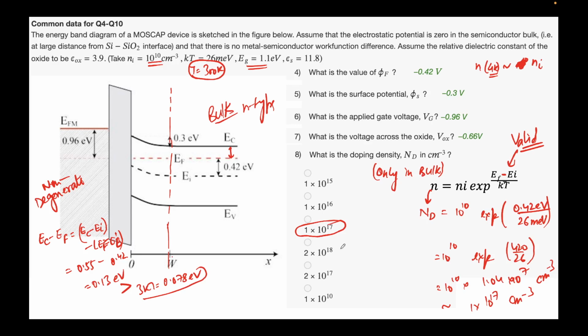Let's mark some temperatures: 100, 200, 300, and somewhere over here let's say 700. Below 100 or 50 Kelvin the concentration increases. In log scale it is increasing linearly, which means it is increasing exponentially, then it flatlines, something like this.